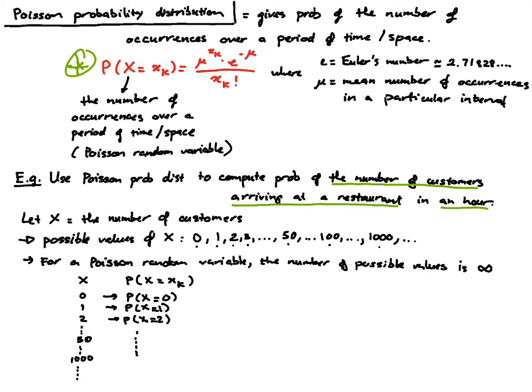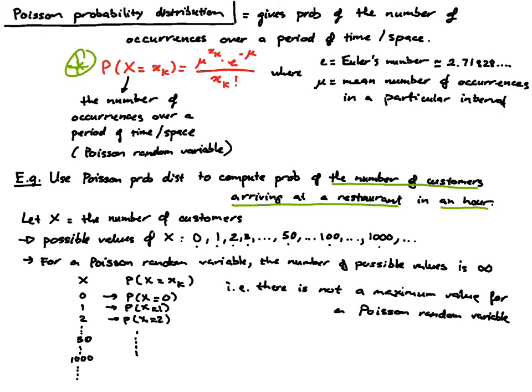Now looking at this probability distribution, what you should take away is that the number of possible values is very large, and also there is not a maximum value for a Poisson random variable.